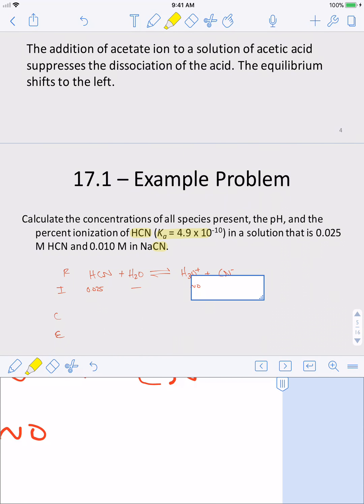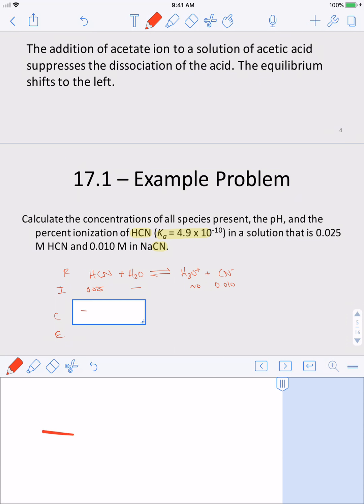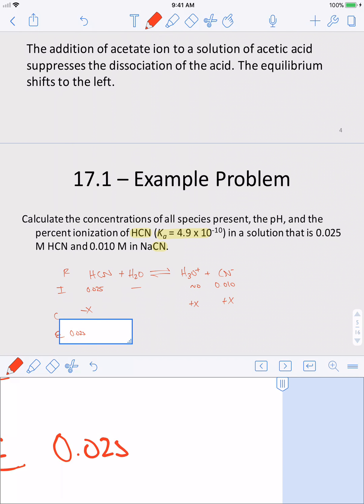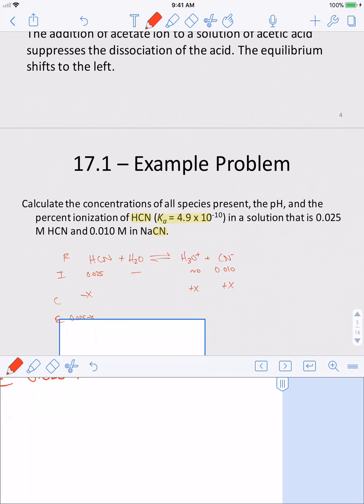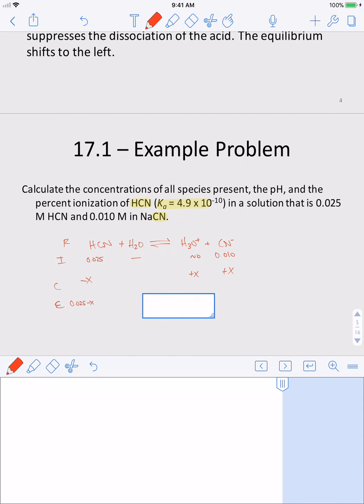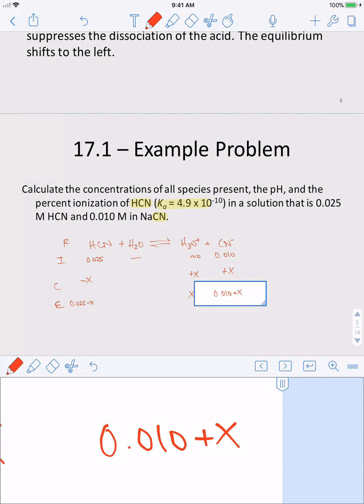And here we have 0.01 molar sodium cyanide, so we also have 0.010 molar of cyanide. Okay, again, the change is minus X, plus X, plus X. At equilibrium, we have 0.025 minus X, we have X, and we have 0.010 plus X.